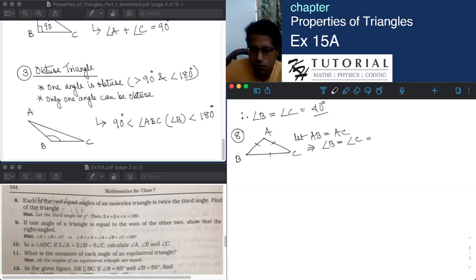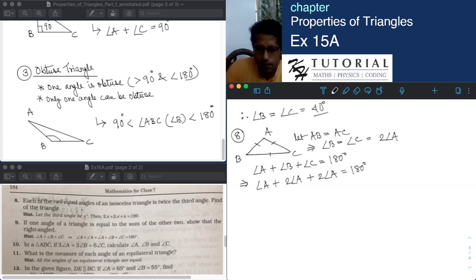So angle B is twice angle A, and angle C is also twice angle A. Now we know that angle A plus angle B plus angle C is equal to 180 degrees. So A plus twice A plus twice A equals 180 degrees.